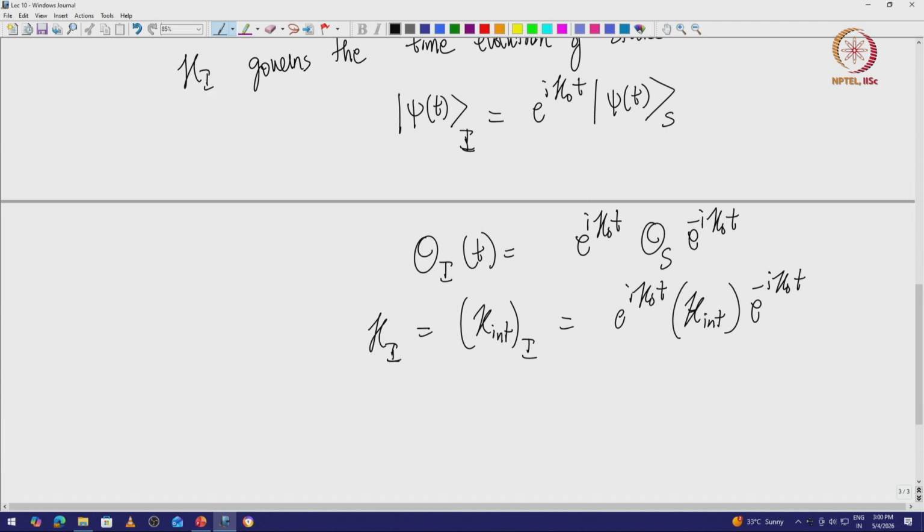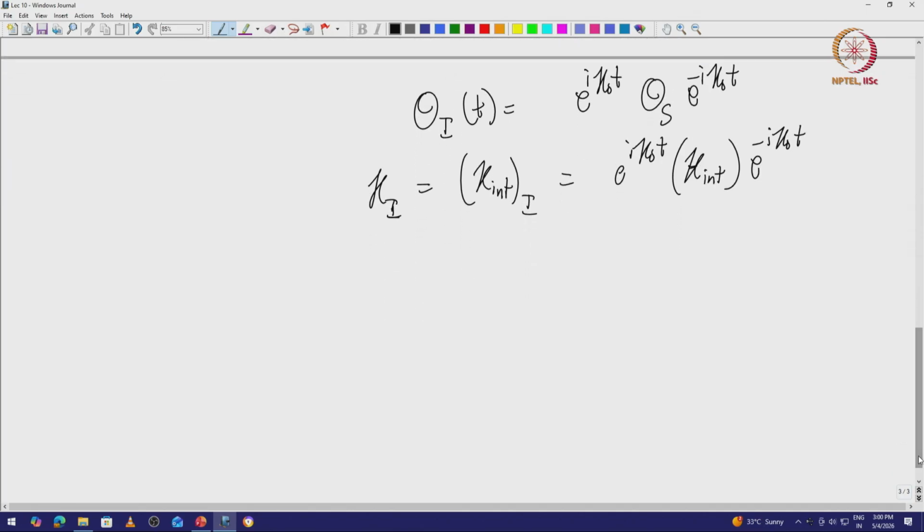So we can start with the Schrodinger picture. I want you to derive the statement I made, that the states evolve only with H_I in the interaction picture.